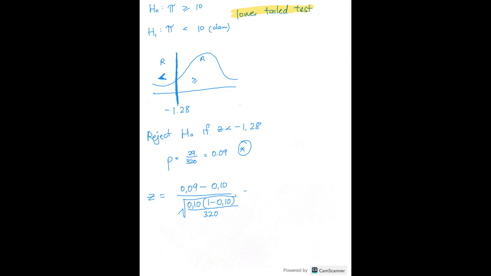So now that gives you as a value for Z minus 0.60. So now you have Z, you need to plot it onto your diagram. It'll be somewhere here. And that will say to you that you're in the region of acceptance.